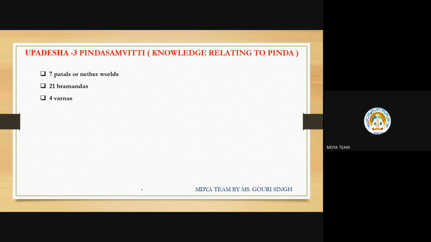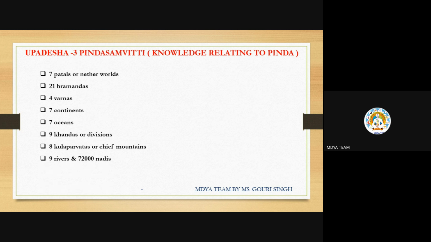Just as the 4 varnas are there in society, in the same way 4 varnas are also present inside our body. 7 continents are also present inside our body. 7 oceans are also present. 9 khandas or divisions are also present inside our body, and 8 Kula Parvatas or chief mountains are also present inside our body. 9 rivers and 72,000 nadis are also present here.